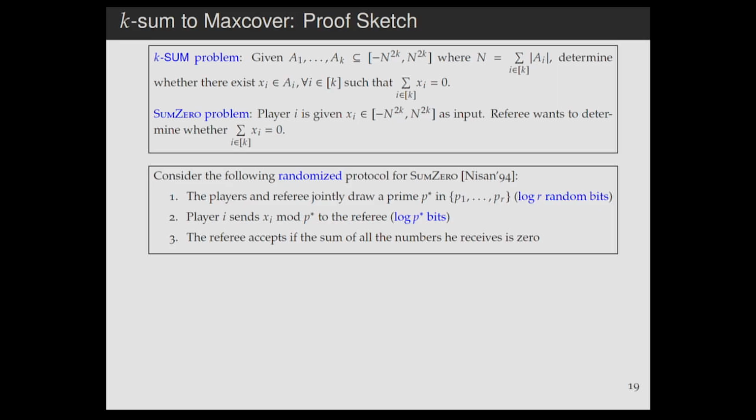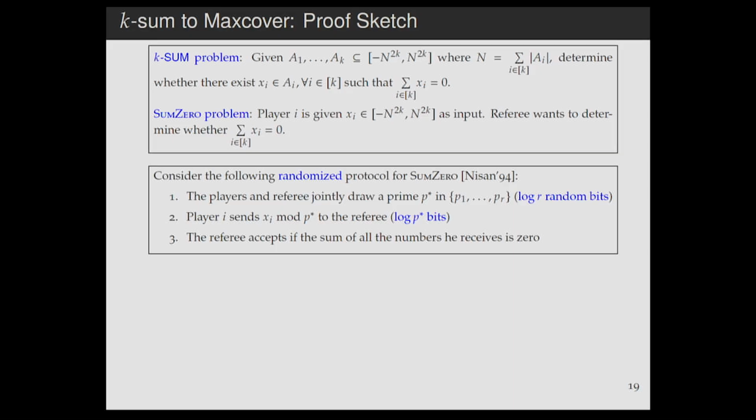There is one very nice protocol, one of the first you would try in this setting, which is to do a random modulo. Consider the first, say, log m primes. Here I use r to denote this log m.